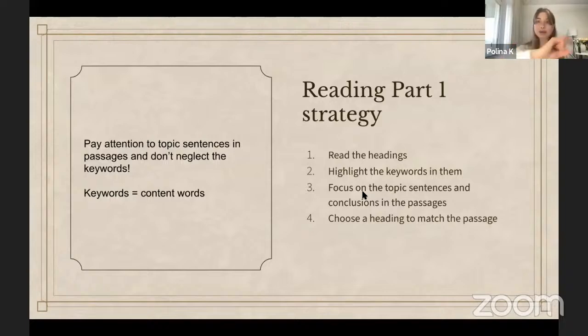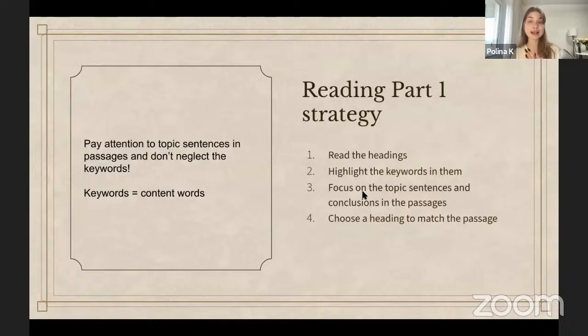So we then go to the text. Okay, we have found some keywords in our headlines. Then we continue with analyzing the passages, the short texts. And for example, I have my text A, and what can I pay attention to there? As this task, I told you earlier, checks only our general understanding, it means that I can focus on some particular parts.